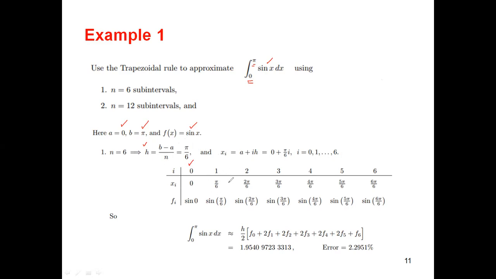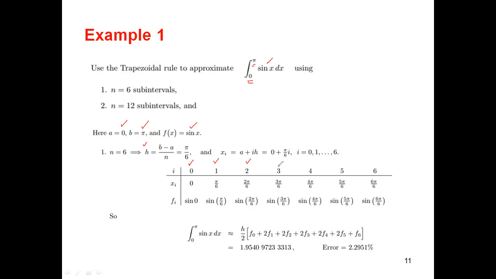And this pi over 6, you will take the sine of. By the way, your calculators should be in radian mode. This is your sine of pi over 6, whatever the value of that. For the next, you're going to add to pi over 6 another pi over 6, and that would be 2 pi over 6, or pi over 3. Take the sine of that.